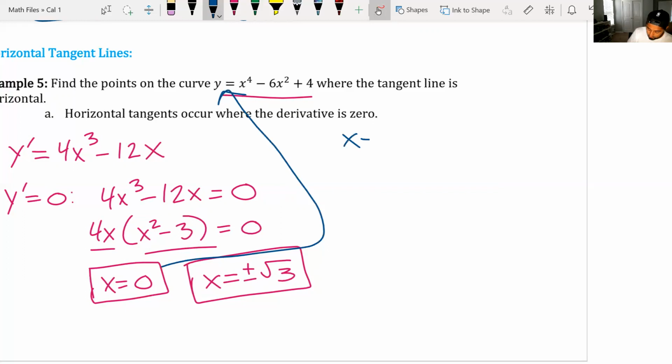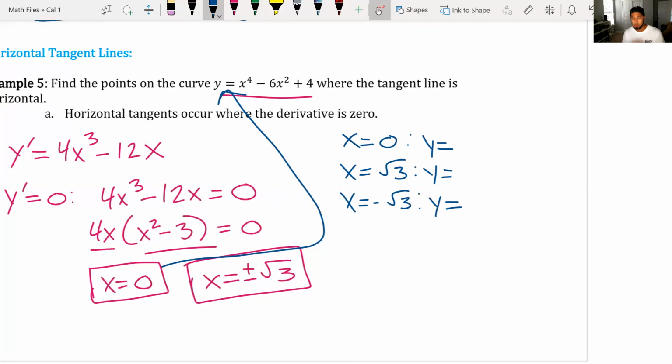So at x equals 0, and I'm going to use a calculator. Well, if I plug in 0, y is 4. And if I plug in the square root of 3, now I'll use a calculator. x to the 4th minus 6x squared plus 4, square root of 3.